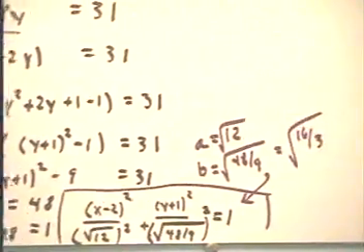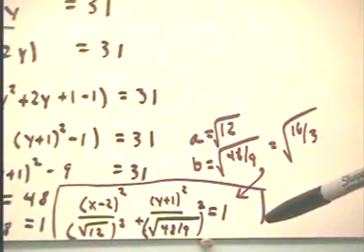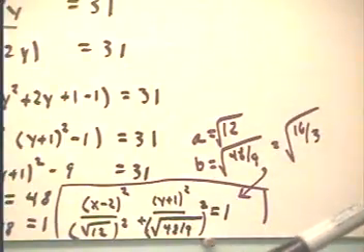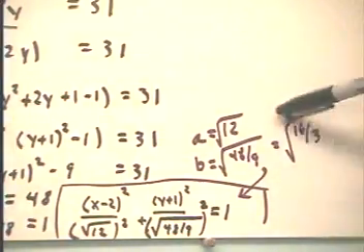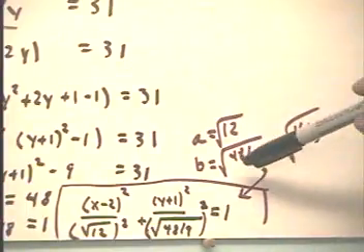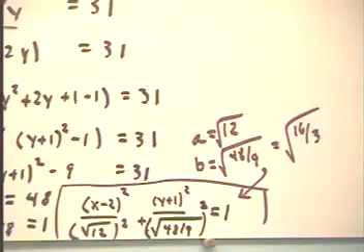And we see that a is the square root of 12 and b is the square root of 48/9, which is the square root of 16/3, which is 4 divided by the square root of 3. That's not really very good form. 48 over the square root of 48 over 3 might have been better form.